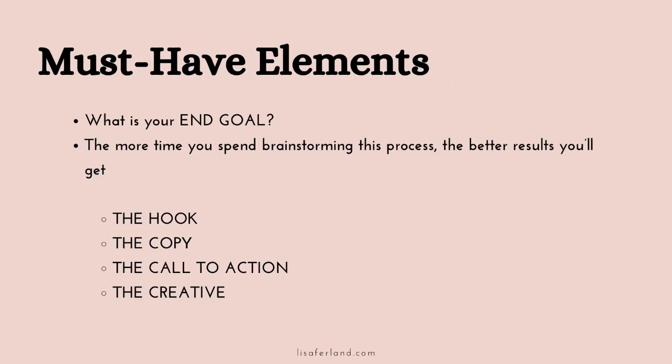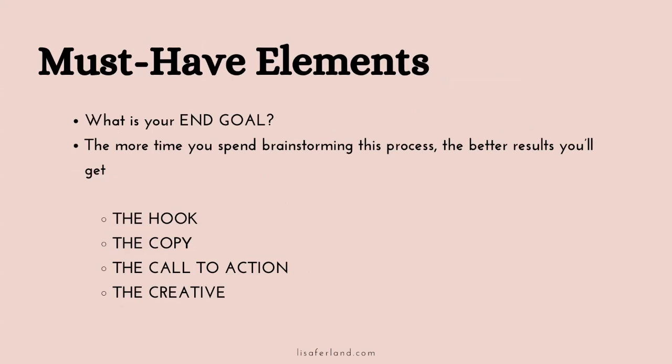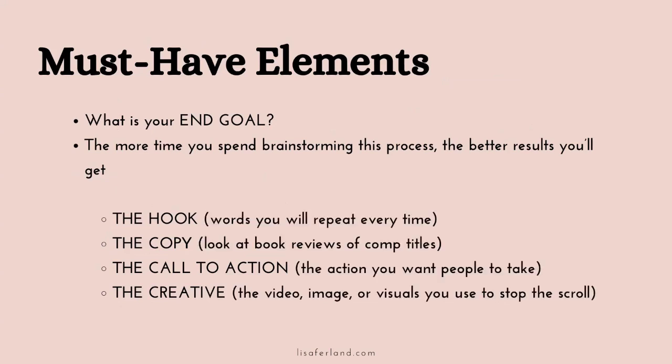The must-have elements that every lead magnet has to have: we have to know what the end goal is. What is the point of building this audience? Once we know that, we're going to have a very specific hook, copy, call to action, and the creative. The hook, these are the words you're going to repeat every single time. I'm going to show you examples.